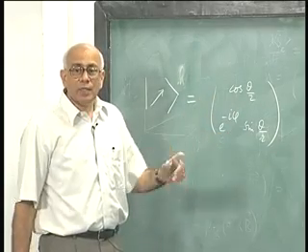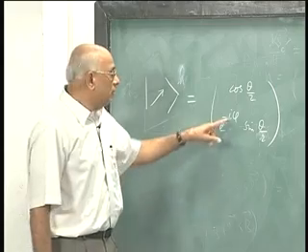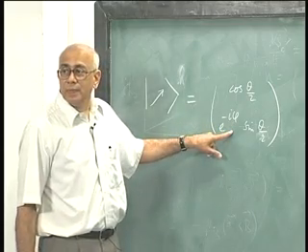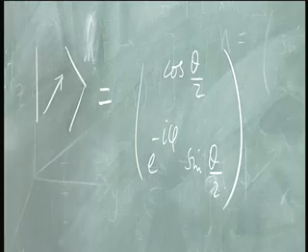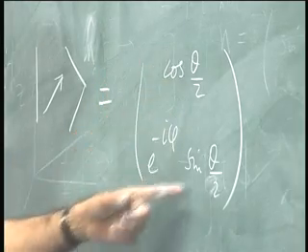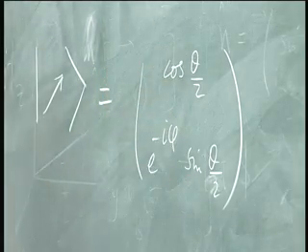The relative phase difference between a and b is the azimuthal angle. And a is like cos theta over 2, b is like sin theta over 2. So the ratio of a to b in fact gives you the cotangent of theta over 2, or b to a, mod b over mod a gives you tan theta over 2. So that is the way to interpret an arbitrary state a b.